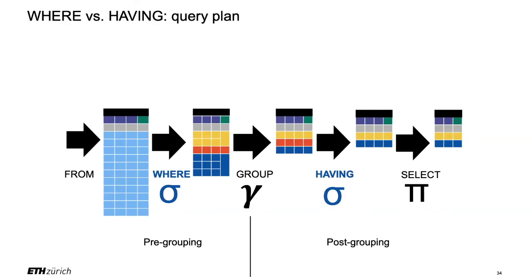For example, imagine that you wrote where A is greater than 2 and A is greater than 1. So the A is greater than 1 is useless, right? Because you're also filtering by A greater than 2. So you don't need the A greater than 1. This is something that can be eliminated here. The optimizer is going to figure it out and drop the useless part of the query.